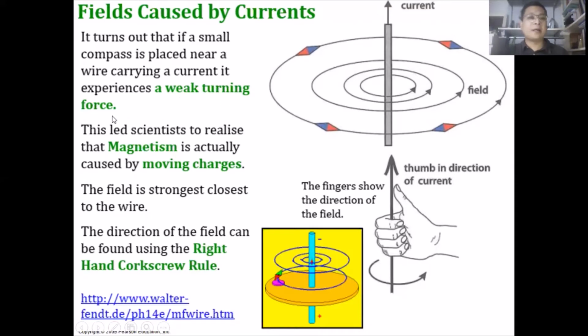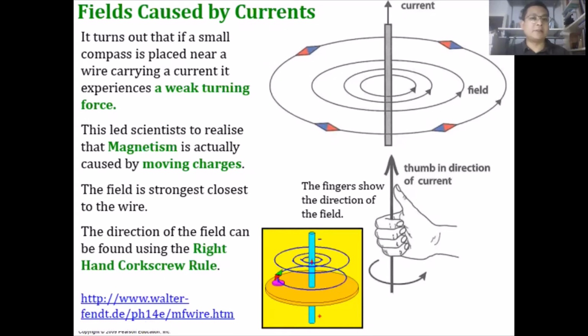Certainly, the compass shows the magnetic field created by the current itself. If we put the compass near the current-carrying wire, the direction of the compass will be disturbed.